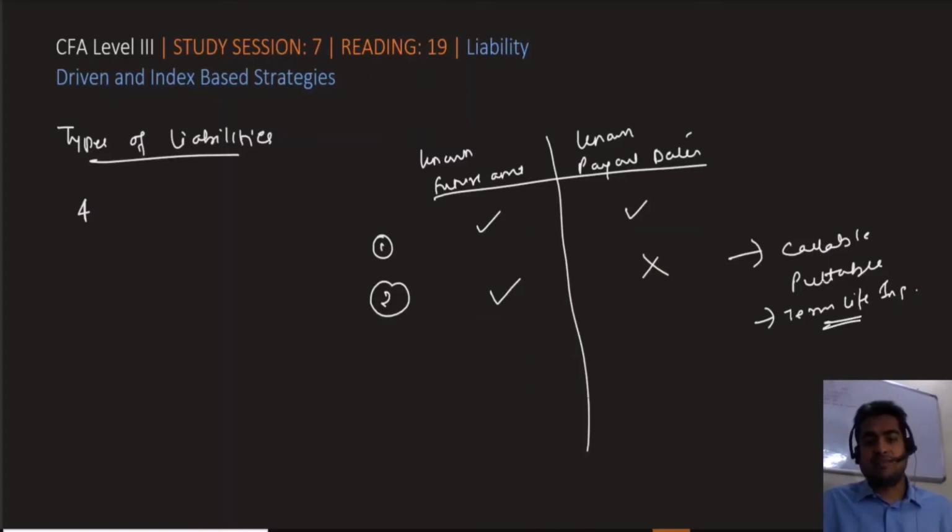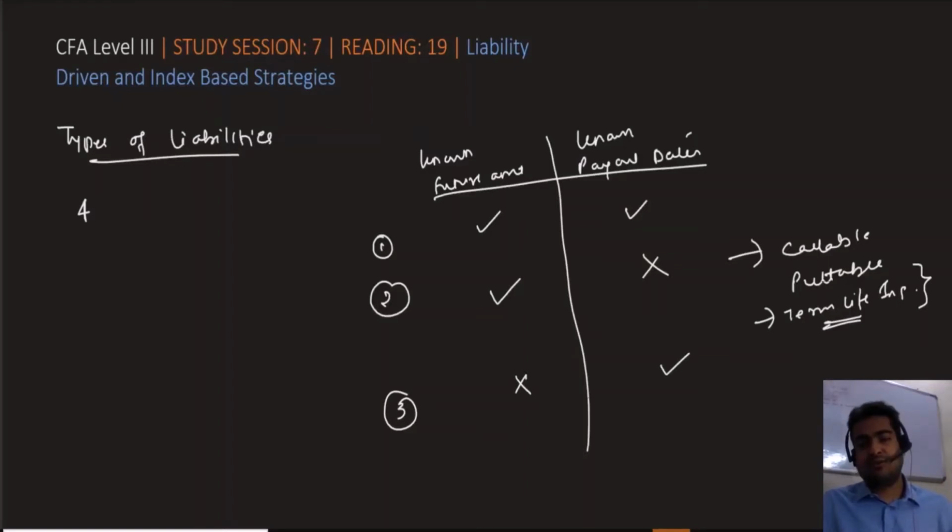But having said that, there are now actuarial and probabilistic models which help insurance companies ascertain the payouts at the end of each year. Now the third one here is, you don't know the future amount, but you know the future date, right?